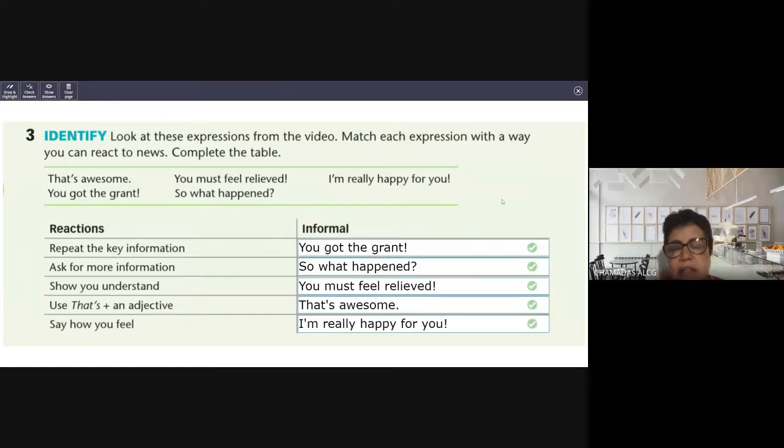Yes, everything correct, okay? So here, this one here, show you understand when we say, oh, you must feel relieved. It's a way to show sympathy as well, right? When something bad happens and you're going through a difficult situation, okay?